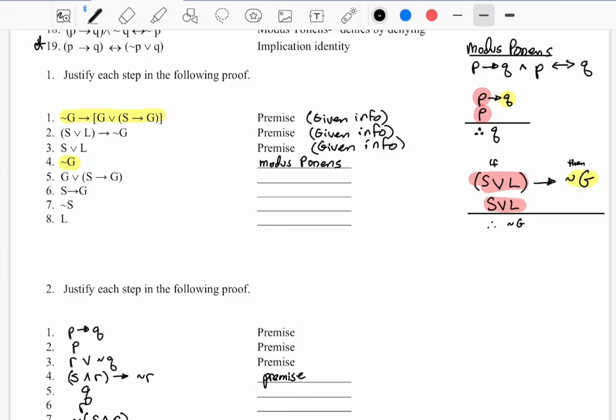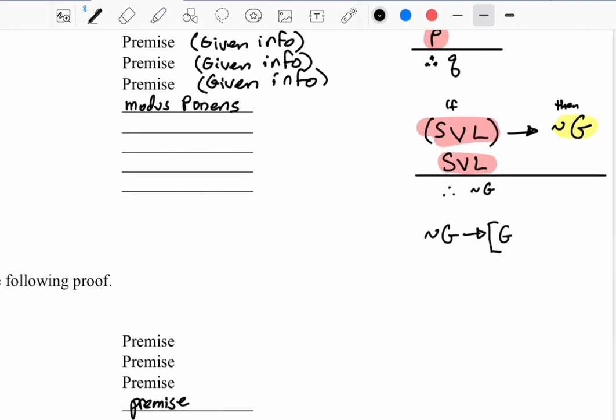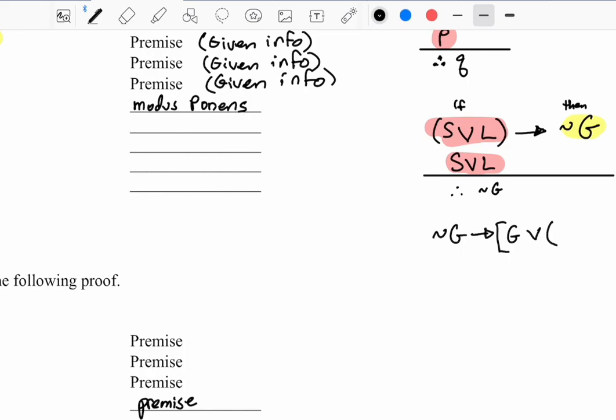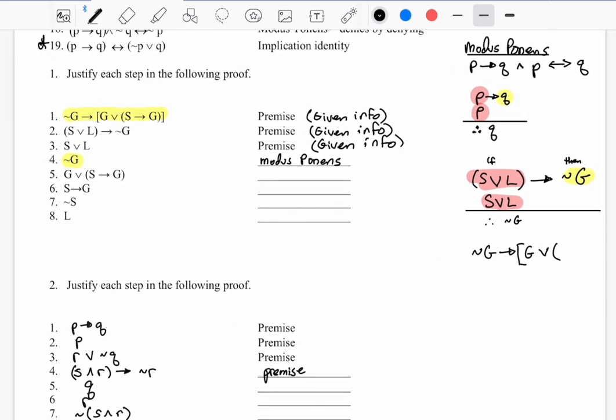We have not G, then bracket G or S, then G. That's our first sentence. But if I couple that with a not G, it's the same concept. It's just not very pretty.